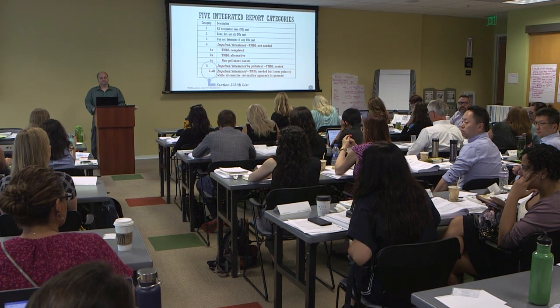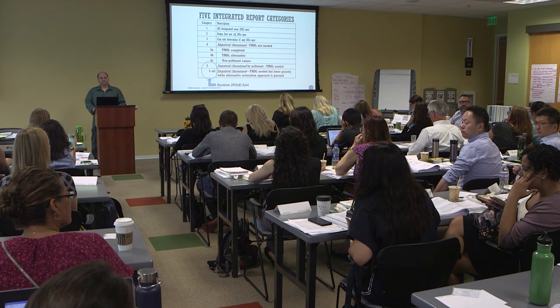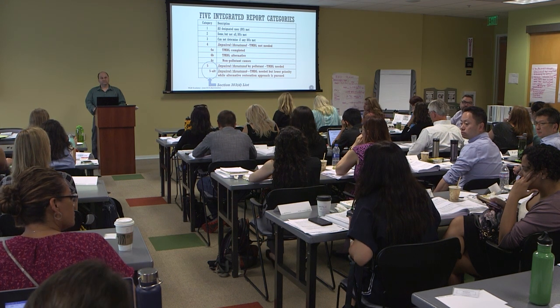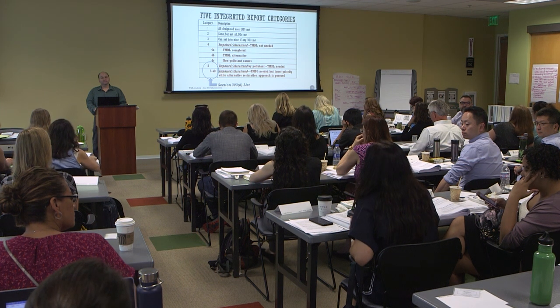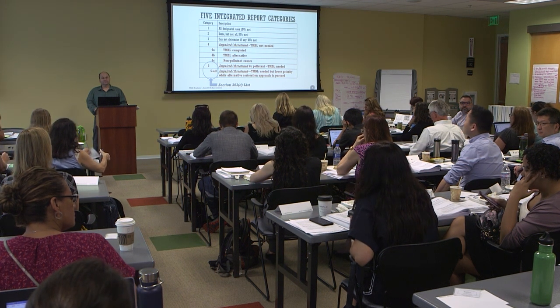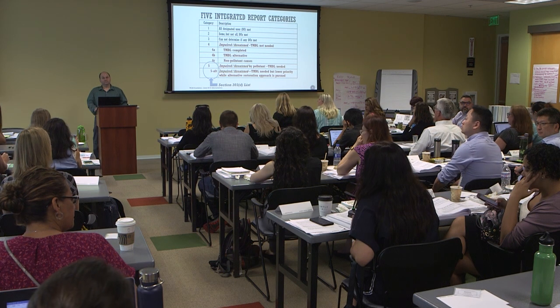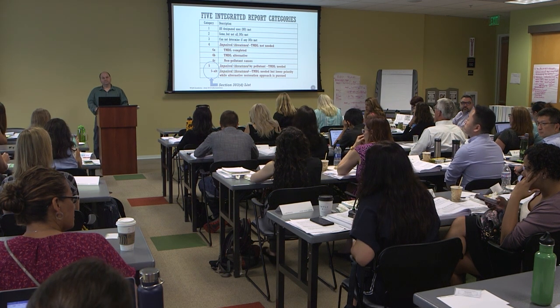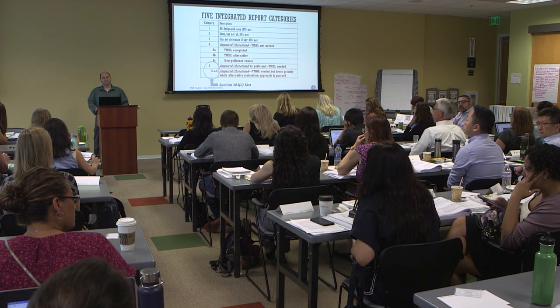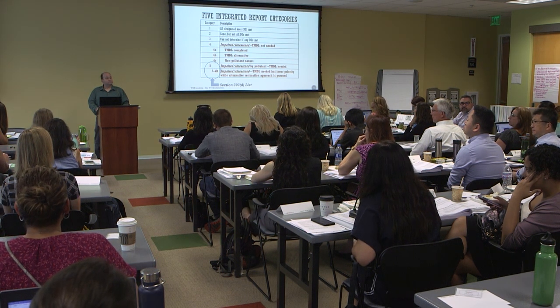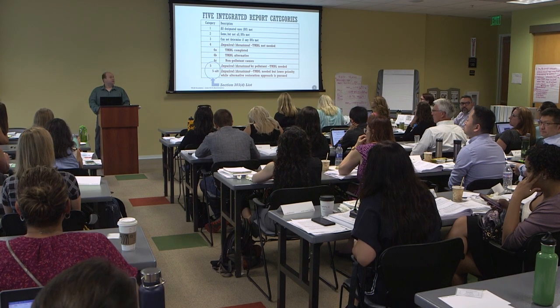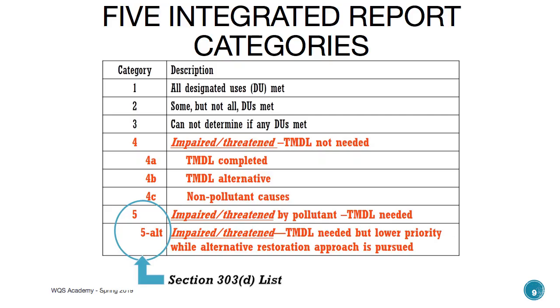And we wrap in a restoration approach, but that's not mandatory most of the time, the implementation actions. So for the non-pollutant causes, like degraded habitat complexity, could it be impaired by just that? Would that be a non-pollutant cause acceptable? So in that case, would that be a 4C?